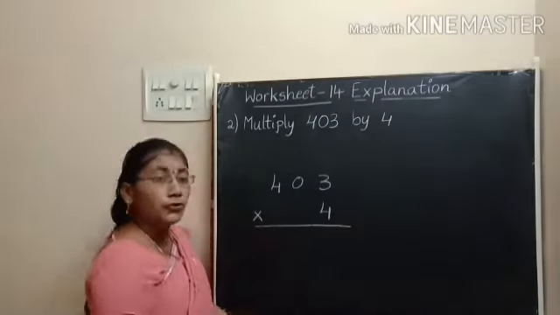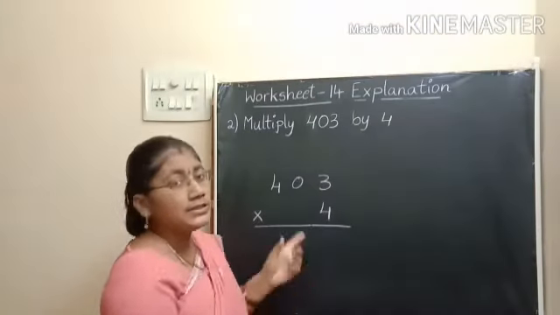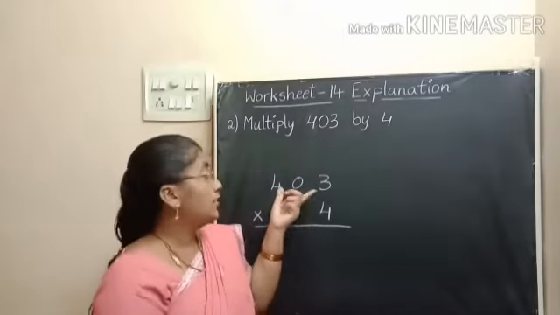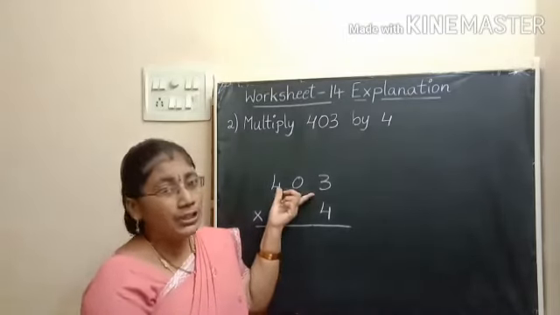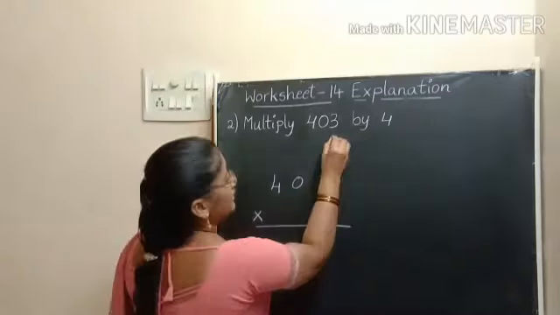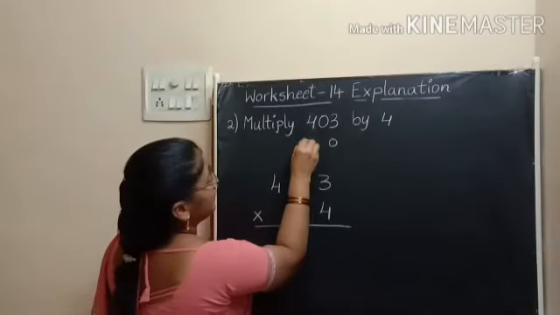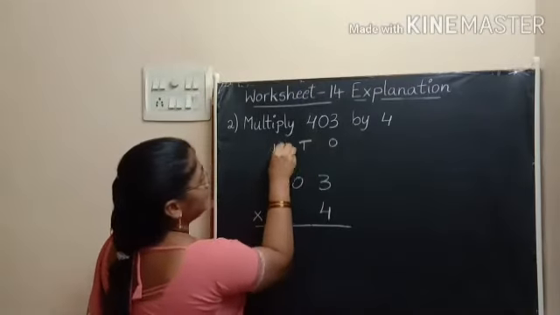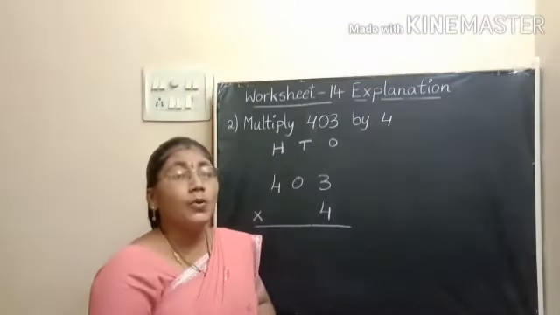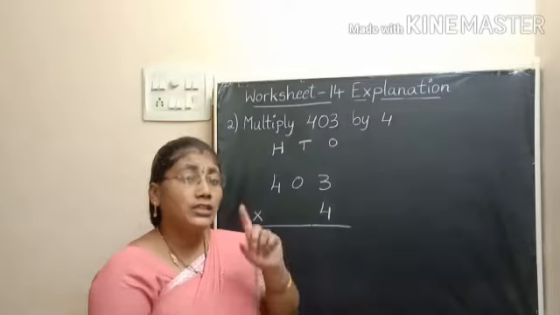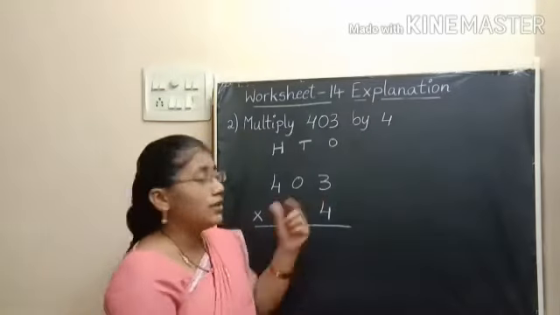How many digits are here? We have 3 digits in the multiplicand. So we need to take 3 places, ones, tens and hundreds. While multiplying, we should start from the ones column.